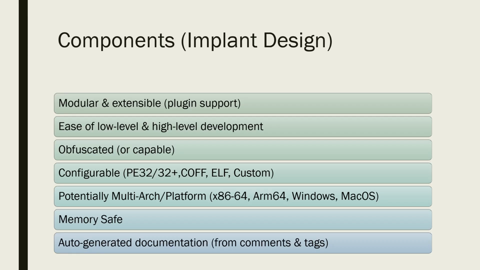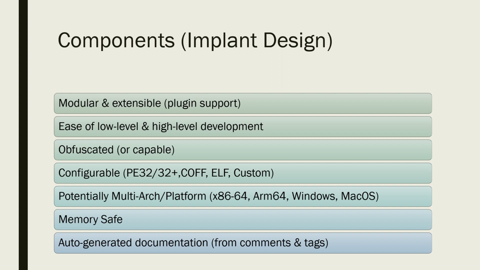In creating our own components, there are a few things that we will definitely be keeping, that we'll definitely be doing, I guess, in our implant design. Things like making it modular and extensible, so that it essentially works like plugins. There are a few benefits to this. One is your implants don't all have to be compiled with all the functionality from the start, right?